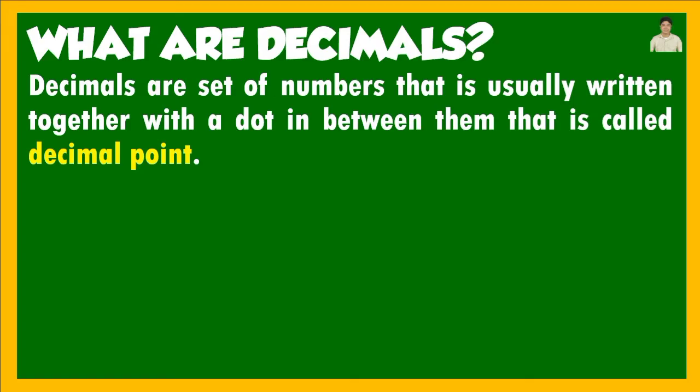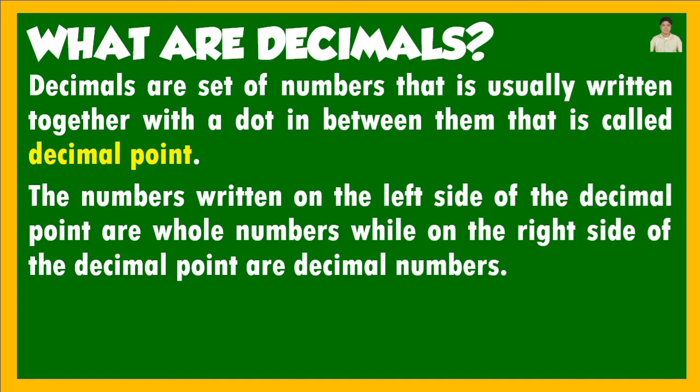Dito hindi natin makikita yung fractions. However, sa mga susunod na lessons natin, pag-aaralan natin na magkasabay yung decimals and fractions. The numbers written on the left side of the decimal point are whole numbers, while on the right side of the decimal point are decimal numbers.